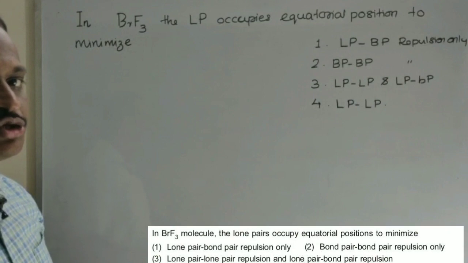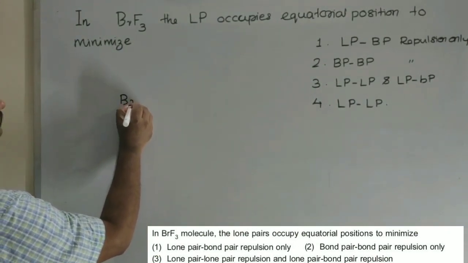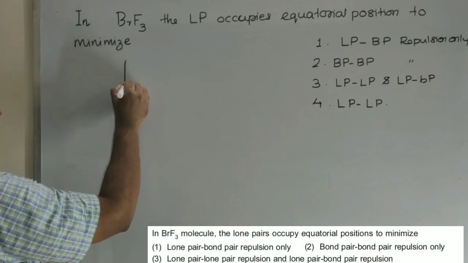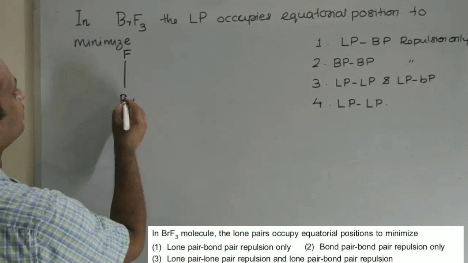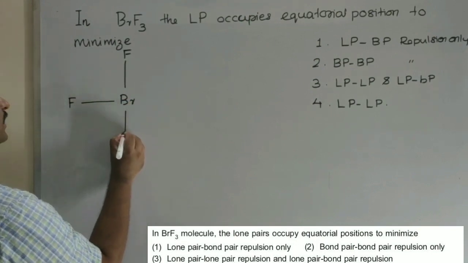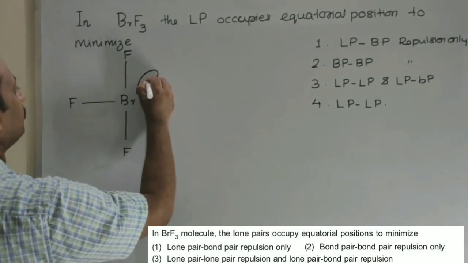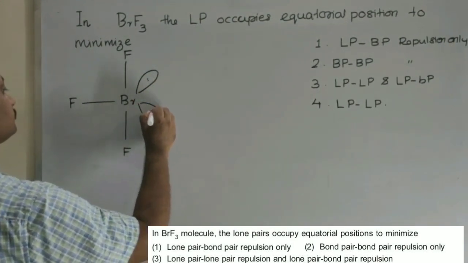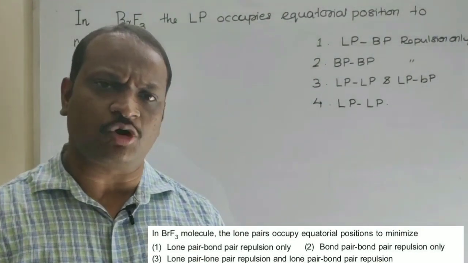So I'm just drawing the geometry of the molecule. See, we have bromine at the center. Next, fluorine here. Next, here also one fluorine. Here also one fluorine. Then we have a lone pair. This is the geometry of BrF3, and you know this structure is called T-shape.